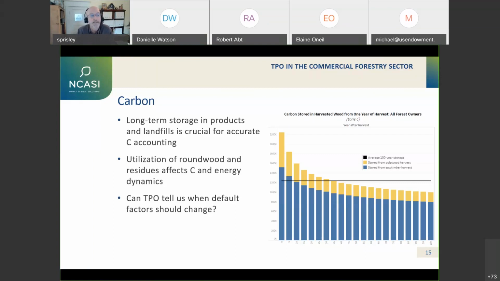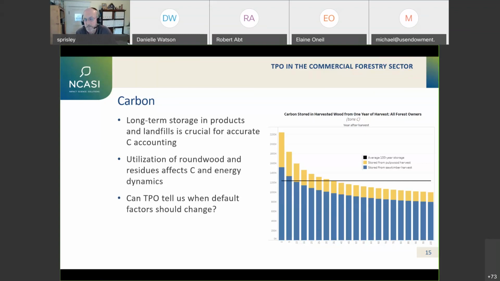And then utilization of roundwood and residues is a key factor, because that's usually assumed to be emitted instantly, and to what extent are those residues used for energy, and what are the quantities that are left in the woods, basically quantities that do not go into long-term storage. And all of this, as you also heard from Nadia, some of this goes back to factors that were developed by people like Clark Row and Ken Skog back in the 90s or maybe even earlier.